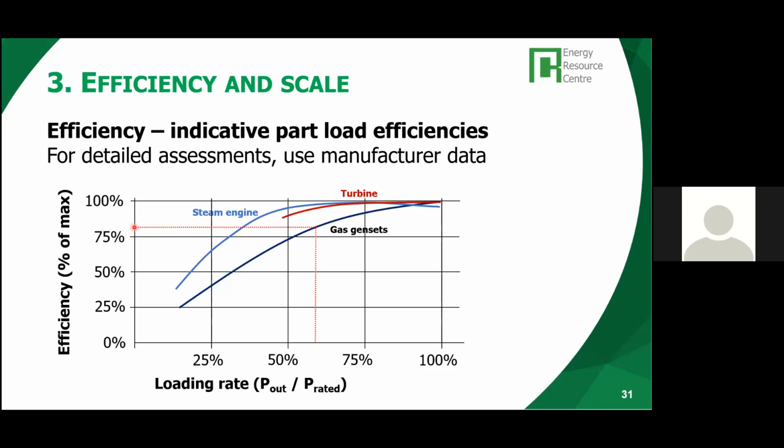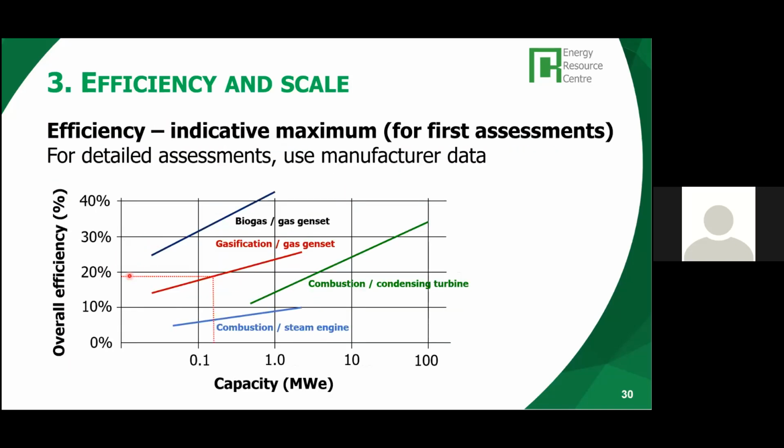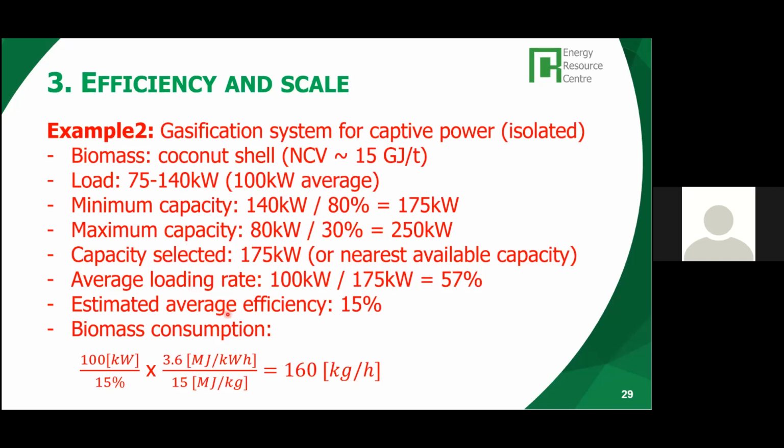You could run it at, let's say, 80 to 85% of this 18 or 19%. That means that the overall actual efficiency you would find is, let's say, roughly 15%. Now, at 15%, you could find a biomass consumption of, let's say, 160 kilograms per hour on average.